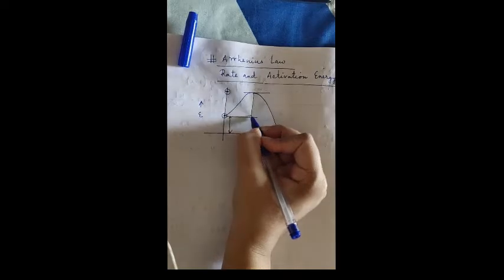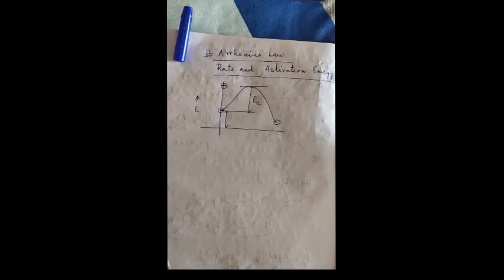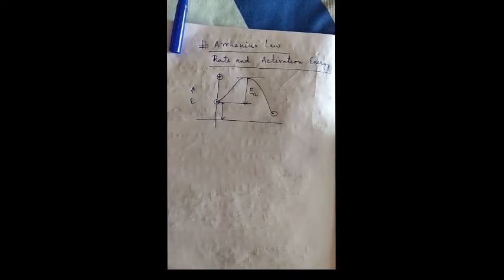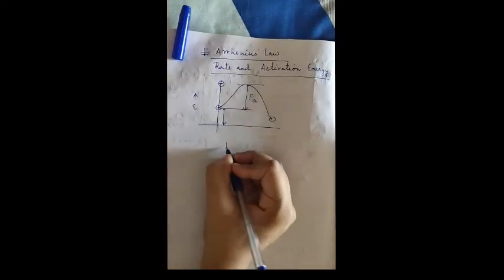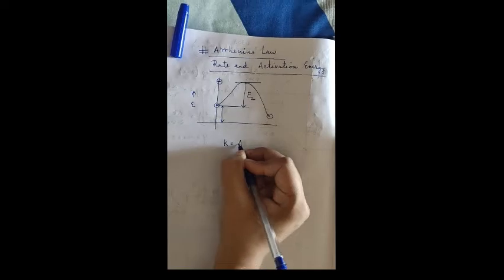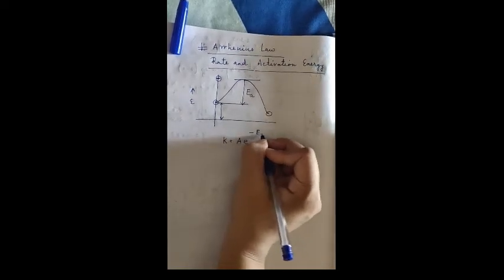Again, from y equal to mx plus c, y is this one and x is our t. So we have an intercept and the slope is negative. The value of the intercept is log A and the value of the slope is minus K by 2.303. So these are our two graphical representations of the integrated form of the first order reaction.